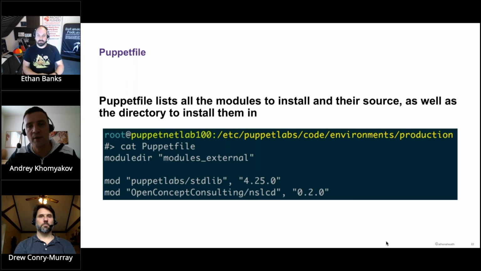What if 4.26 came out and I want to test how it works? I create a new feature branch and I say, here we're going to use 4.26, and R10K will install that module in your feature environment without even touching production, right? So that kind of reduces the scope of your impact when you upgrade a third-party module. Does that make sense? It does.